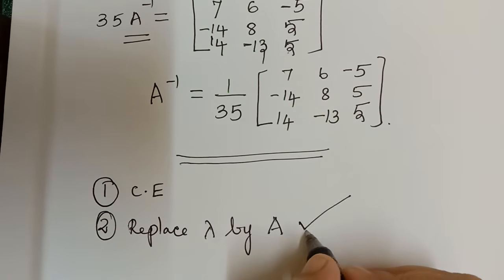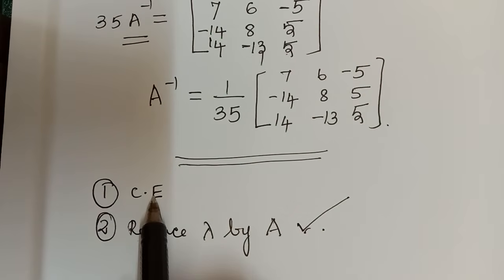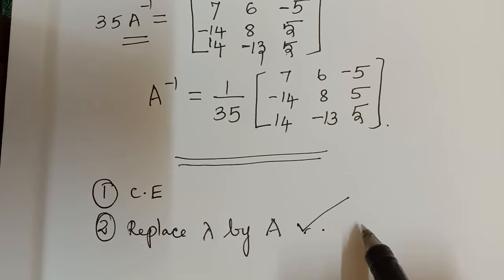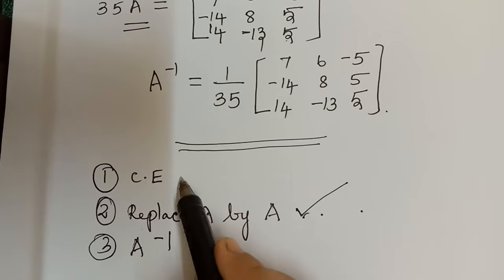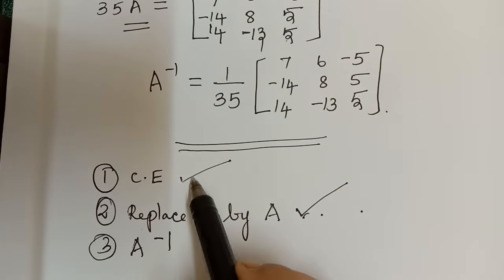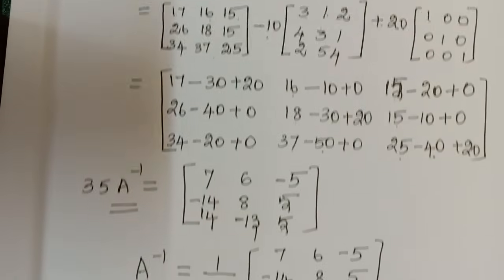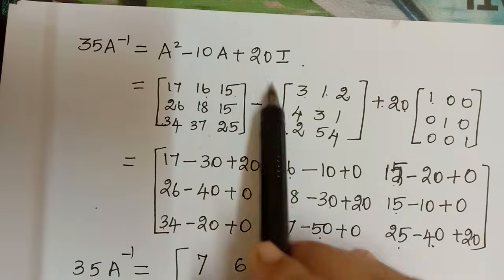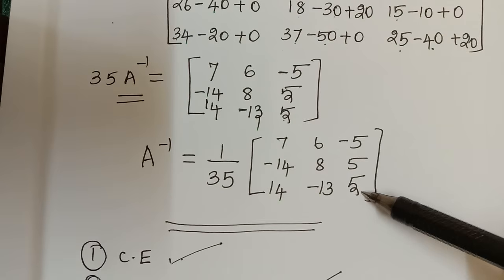If it satisfies, then we will prove that it satisfies the characteristic equation, and therefore the Cayley-Hamilton theorem will be verified. Then after that we will find the inverse of the matrix. By using the characteristic equation that we obtained, we will pre or post multiply it by A inverse. Then after that we will be simplifying it by substituting the values, and then we will find the value of A inverse.